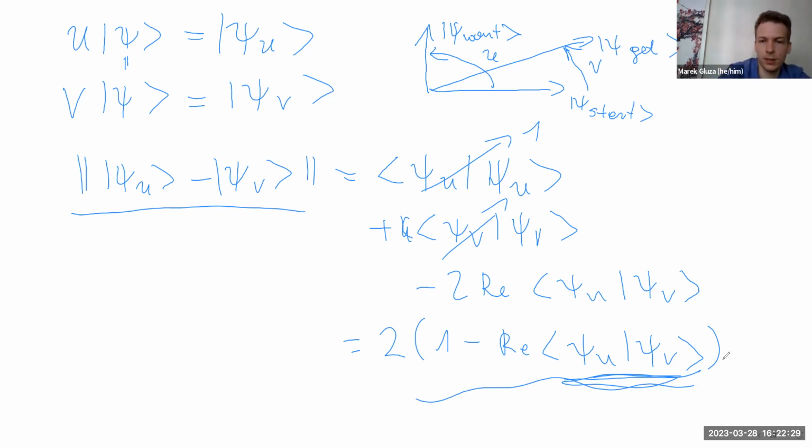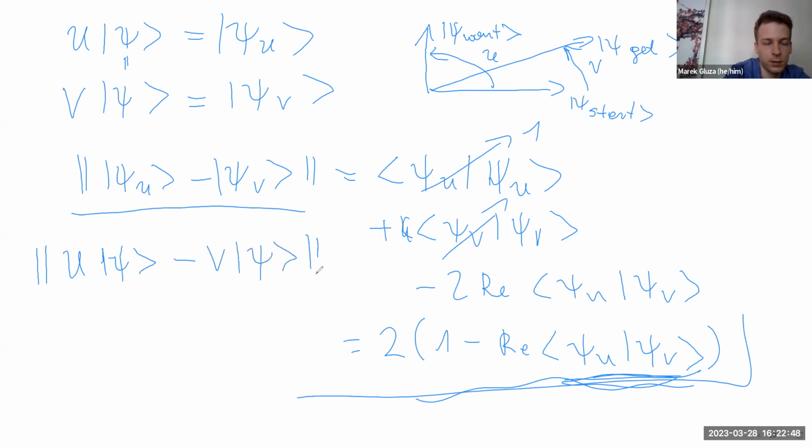So okay, you get this number and you can evaluate it the standard way, but what we will get is that I will have psi u applied to psi minus v applied to psi. Okay, so what I'm getting is u minus v applied to some psi.